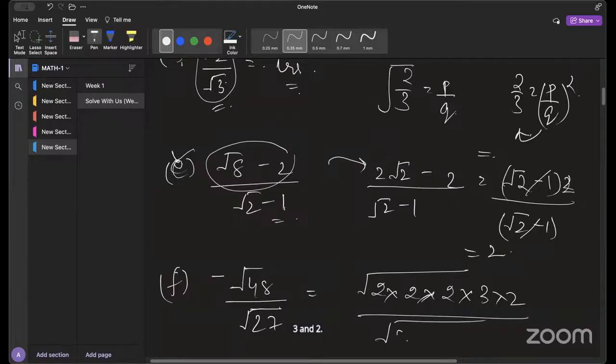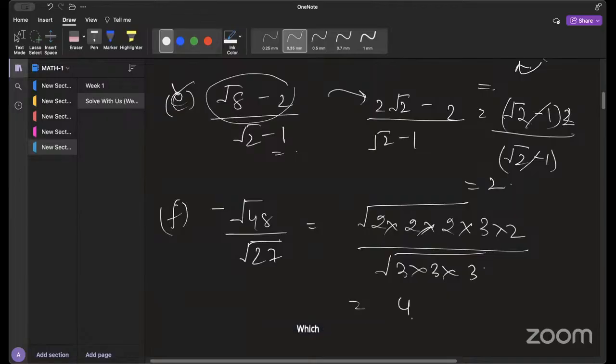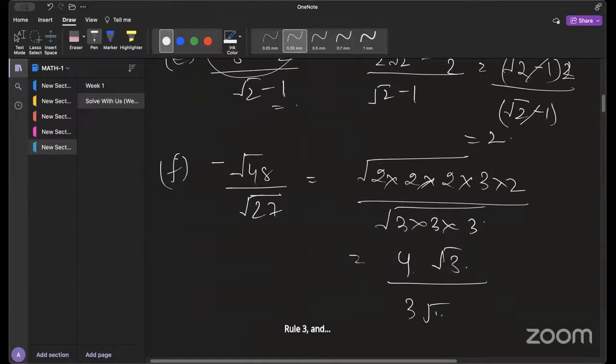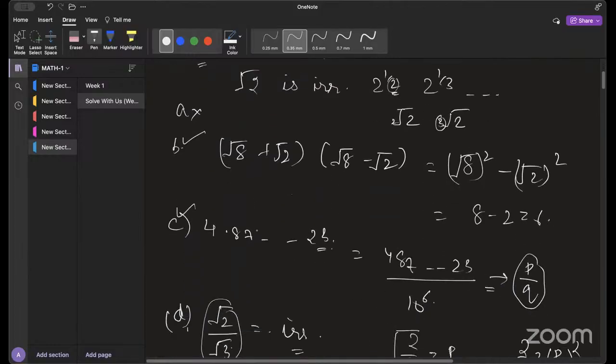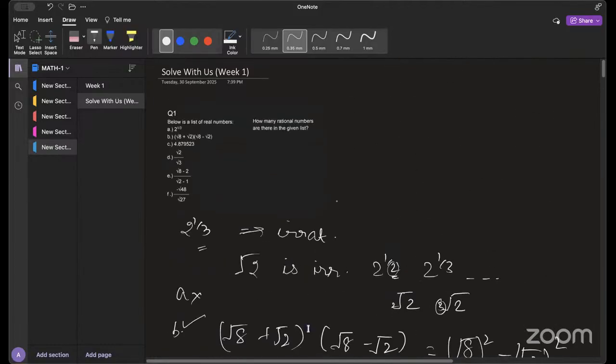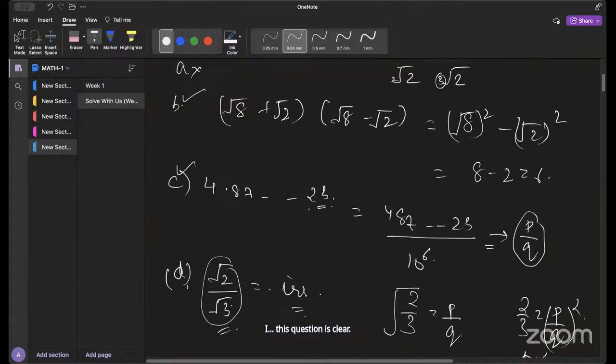And 27 is 3 into 3 into 3. This leaves you with 4 root 3 and 3 root 3. This gives you 4 by 3, so this is a rational number too. I hope this question is clear to everyone.